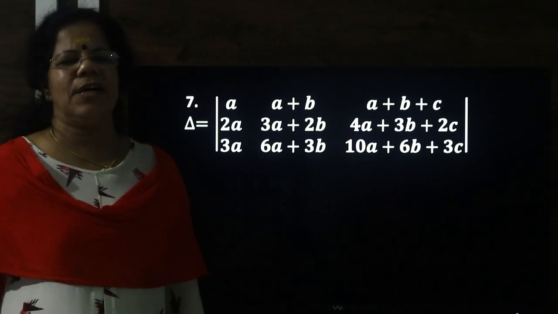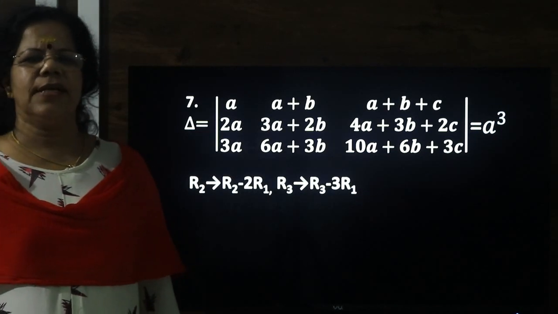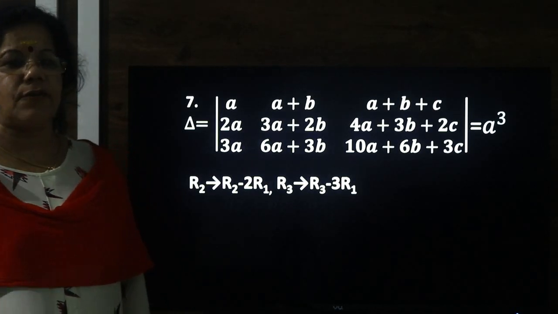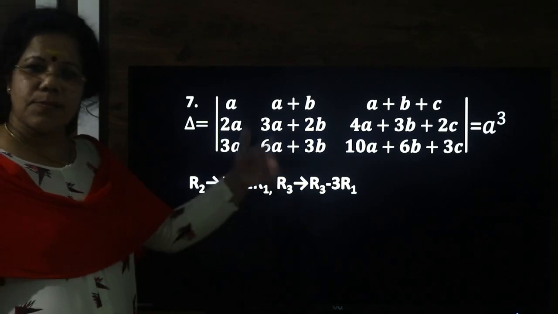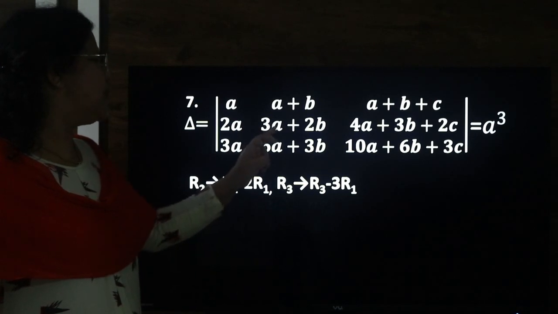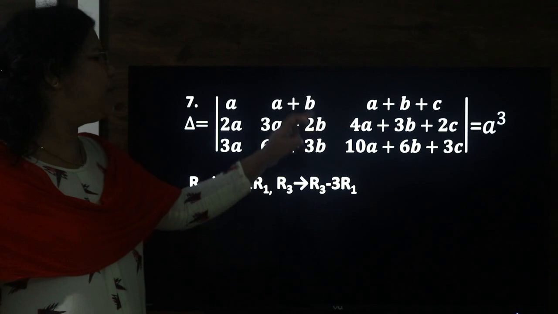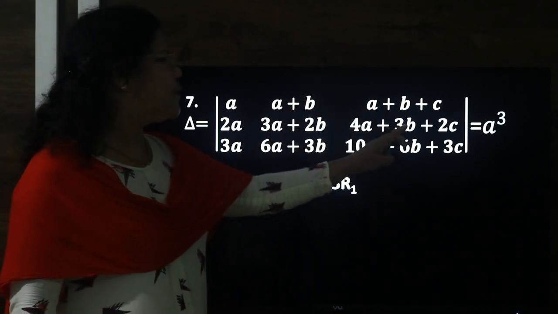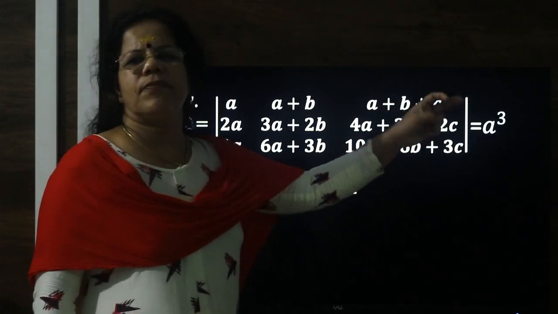Once again, the answer we have to prove is a cube. Seeing the answer sometimes it will be easy also. Let us see. Here I have taken R2 changes to R2 minus 2R1, R3 changes to R3 minus 3R1 to make these two elements 0. So corresponding changes will be there. This becomes 0, this becomes 0, 3a minus 2a, a; 2b minus 2b, 0; 4a minus 2a, 2a; 3b minus 2b, this is equal to b; 2c minus 2c, 0.